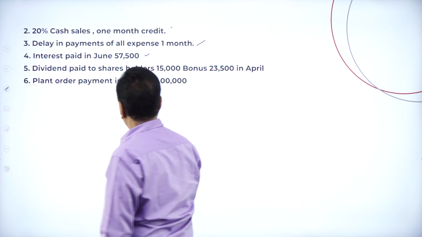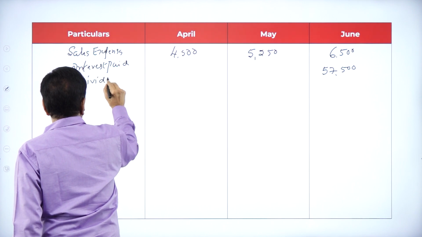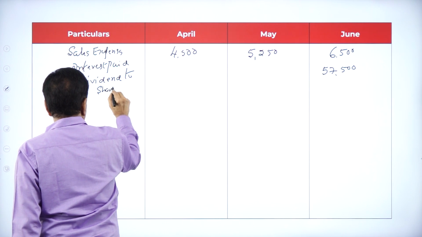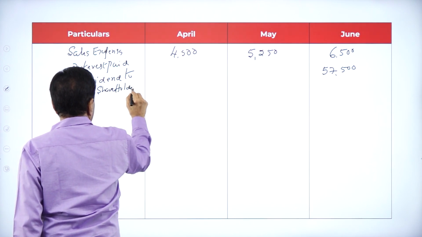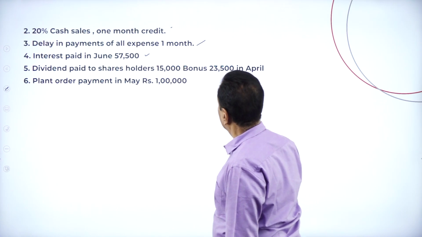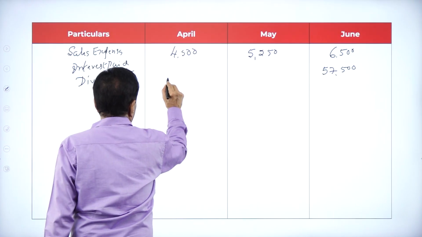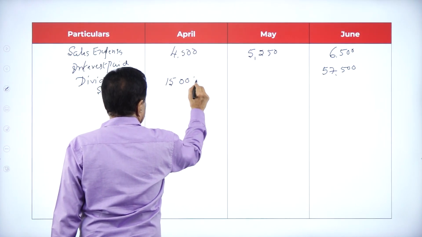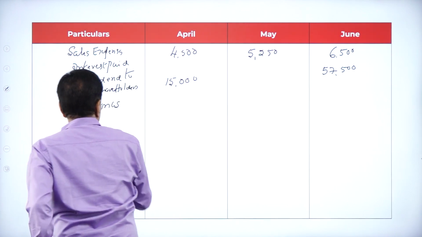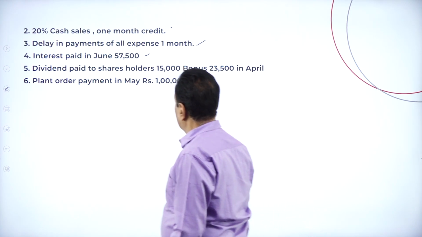First one, dividend to shareholders. How much they paid? 15,000 in the month of April. Then bonus. How much they paid? Bonus 23,500.